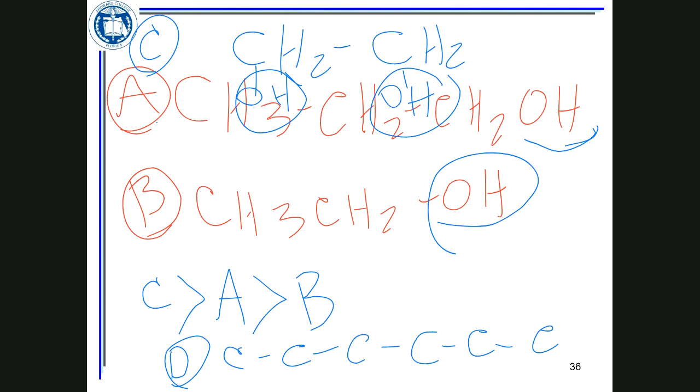The type of intermolecular force. What type of intermolecular force do you have for compound D? London dispersion only, because it's only carbon and hydrogen. London dispersion is much weaker than hydrogen bonding, which takes the priority, and even with the 6 carbon, it is still going to have the lowest boiling point.